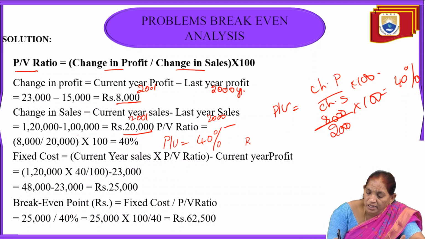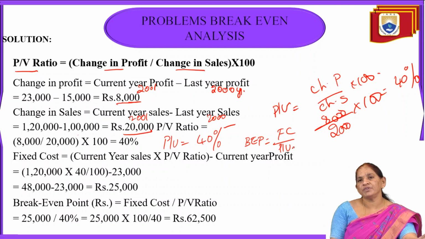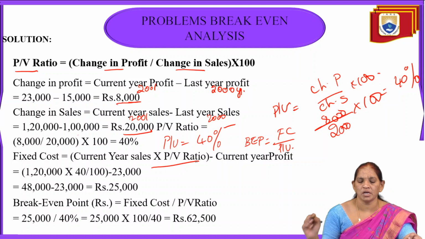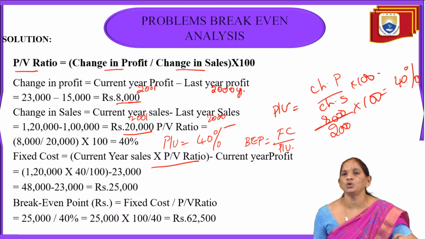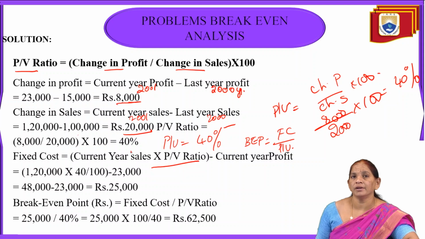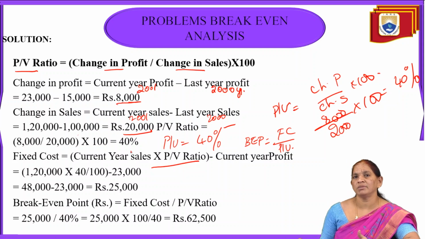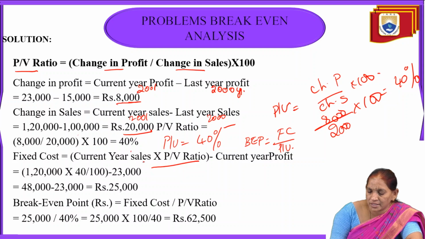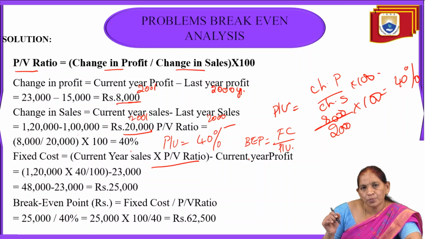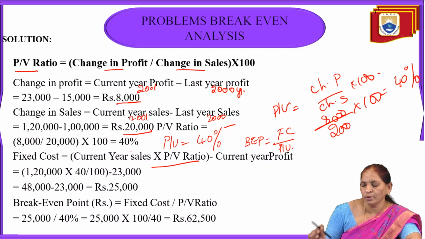The main theme of calculating the PV ratio is to get the break-even point. To calculate the BEP, I require fixed cost by PV ratio. But we don't have the fixed cost here. So to calculate the fixed cost, we have another formula: current year sales into PV ratio minus current year profit. The current year is 2001. So 2001 sales into 40%, minus the 2001 profit.